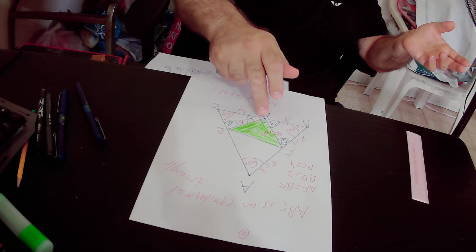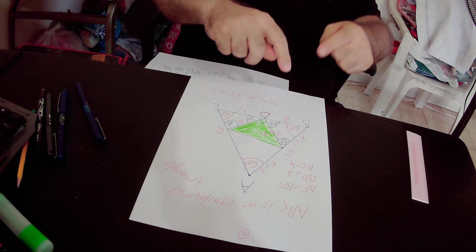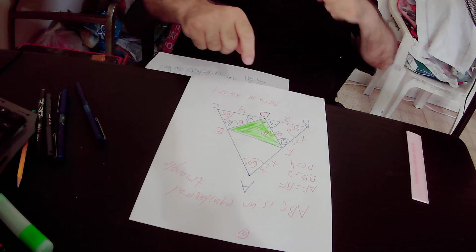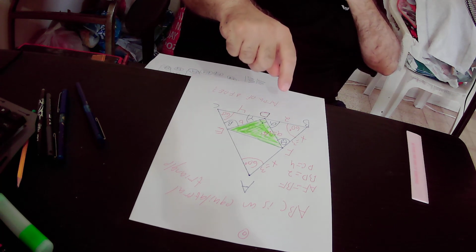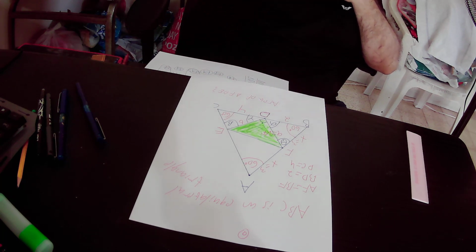If we focus on point D and line segment BC, we can say that the sum of the angles on the upper side of line segment BC equals 180 degrees.